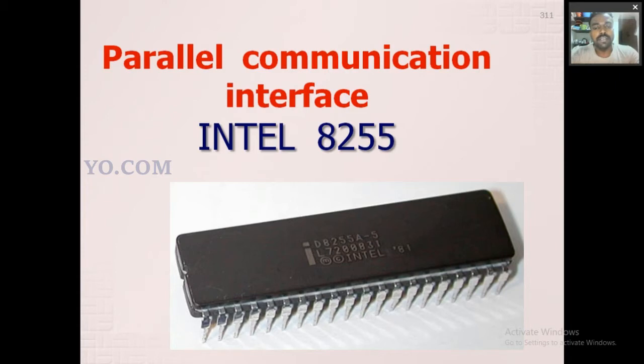So nowadays computer hardware such as the hard disk and the motherboard are connected by using a SATA cable. That is a high speed serial communication interface, a very small cable. 20 years back the computer hard disk and DVD drive were connected to the motherboard by using a ribbon cable, that is called a parallel cable.